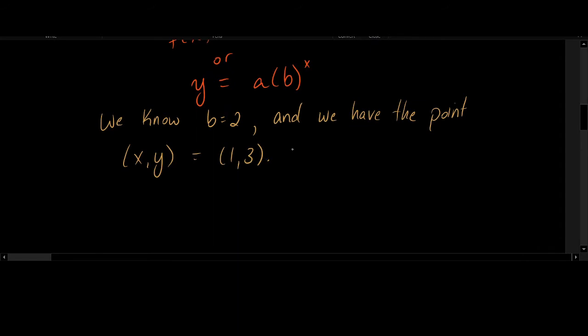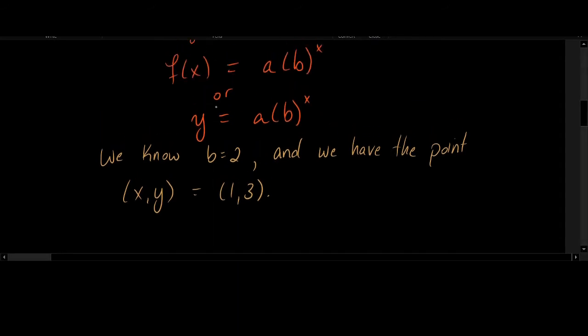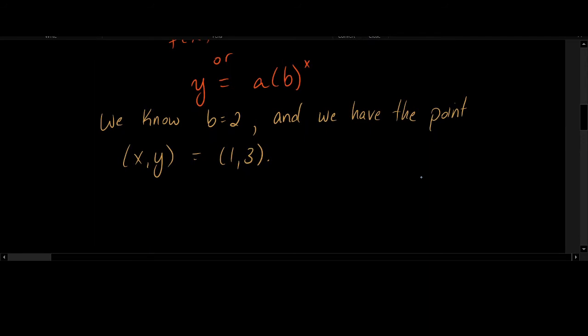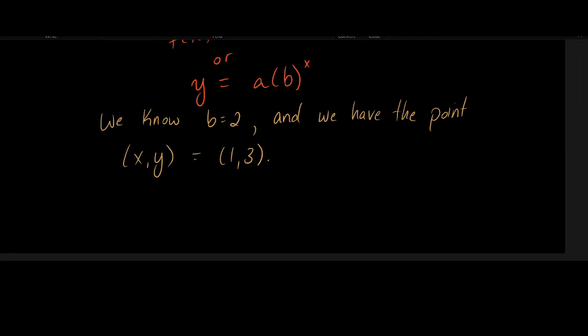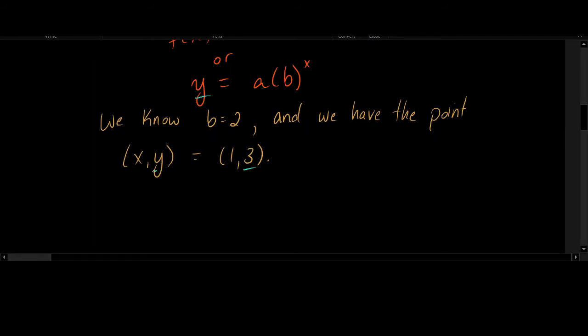So what I'm going to do is go into this general template, this general formula here, y equals a, b to the x, and fill in the blanks with the b that I have and the pair of x and y that I decided was my favorite. Okay, so the y value from my favorite point is 3. We don't know what a is. That's what we're trying to figure out.